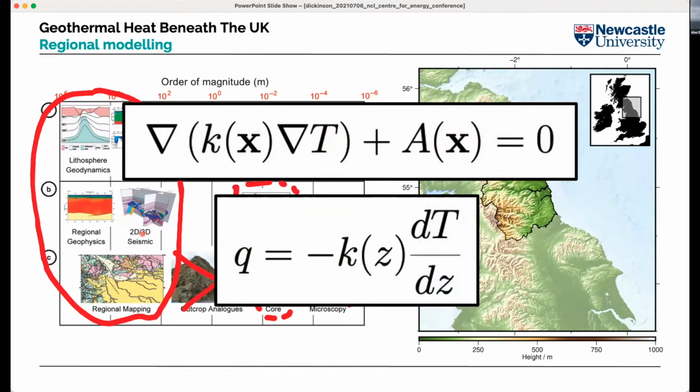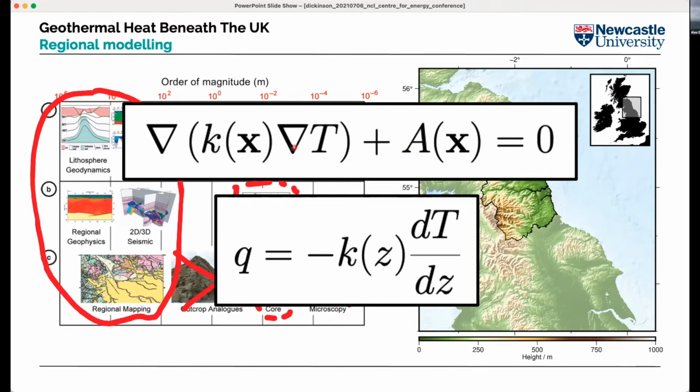Just to put into maths what I was saying earlier, that we're considering processes in which conduction is the primary mechanism of transferring heat. So here in the top equation, we've got the thermal conductivity here, which is isotropic, but varies as a function of space. T is the temperature, and we're also considering production of heat within the rock by radiogenic sources.